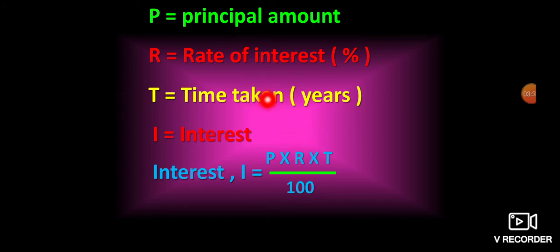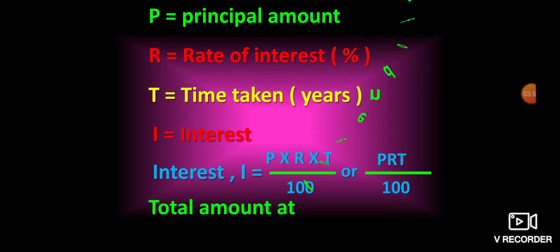T equal to time taken; for how many years the bank has given our loan, that is T. By using this equation, we have to find the interest. Or we can write P into R into T as PRT by 100. This is the equation for finding interest. By using this equation, we have to do some questions.